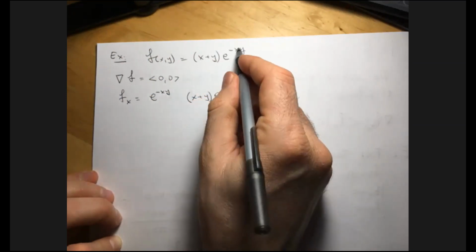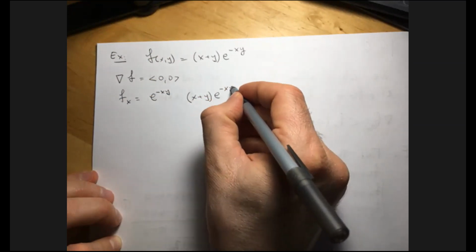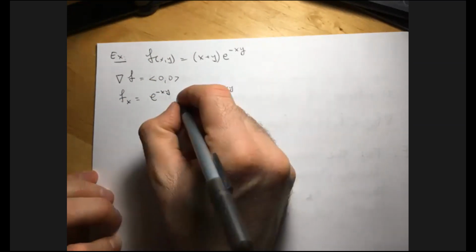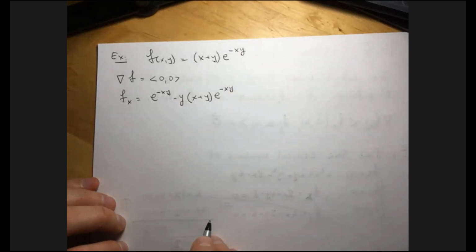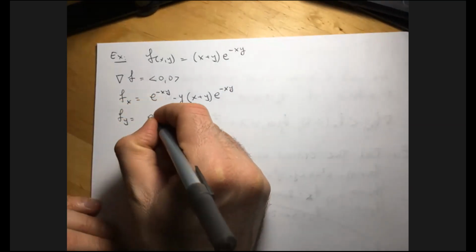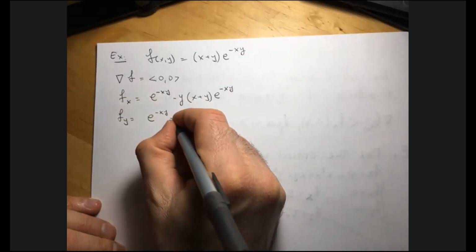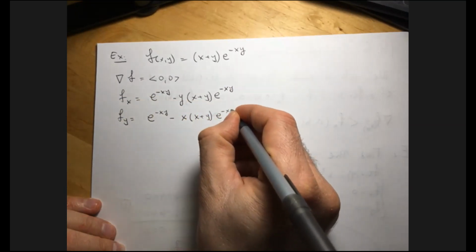The derivative of e to the power negative xy is e to the power negative xy times the derivative of negative xy, and that's, with respect to x, negative y. Here by symmetry, this derivative is 1 minus x times x plus y, e to the power negative xy.